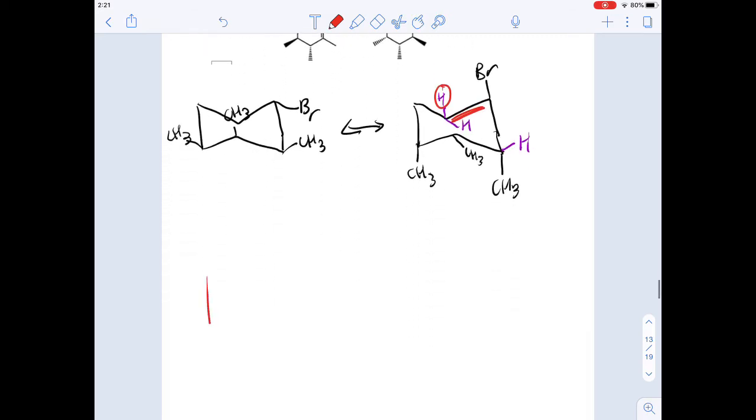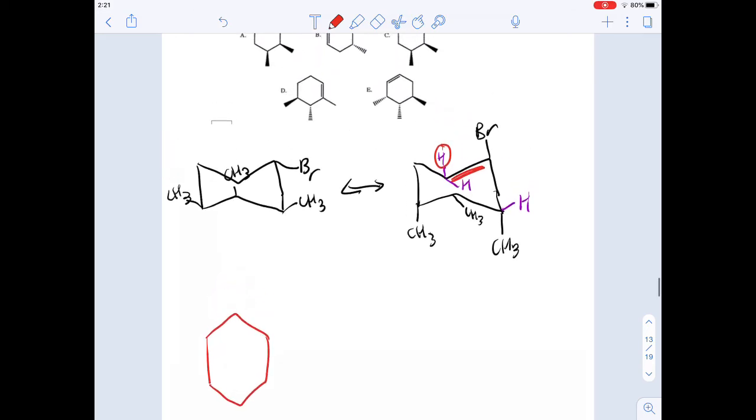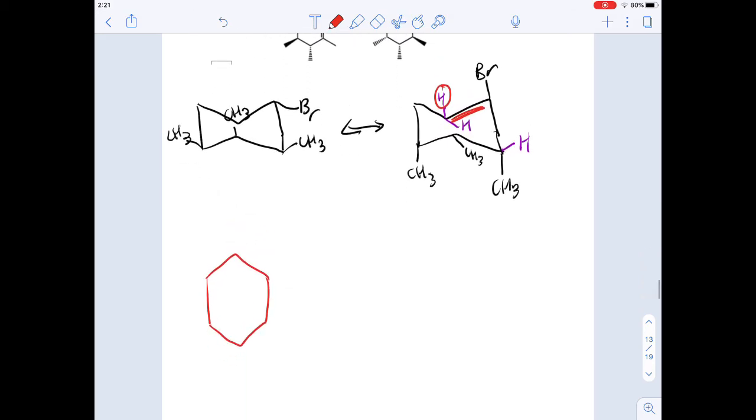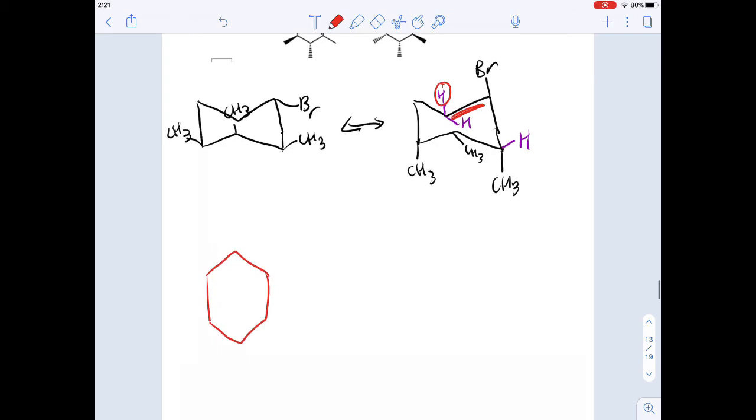So now, converting that back into a ring. All of your methyls, see how they're all down? That means they're going to be cis to each other. So they're going to either be all on wedges or all on dashes in your final product. It doesn't matter which, as long as they're all cis to each other. So since they're down, I'm just going to go ahead and arbitrarily draw them on dashes.